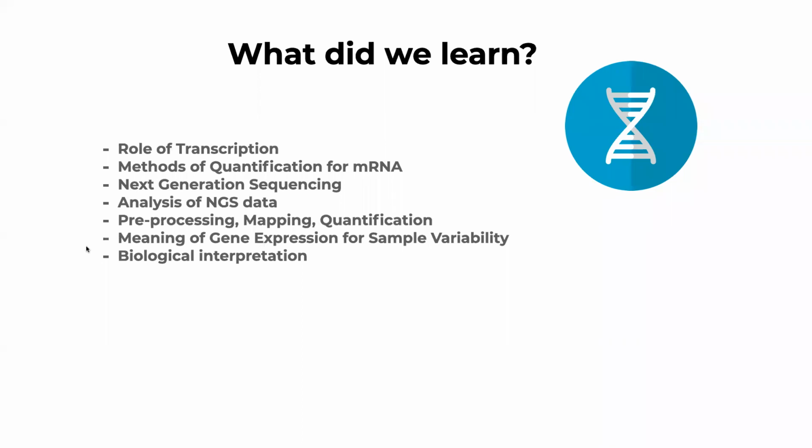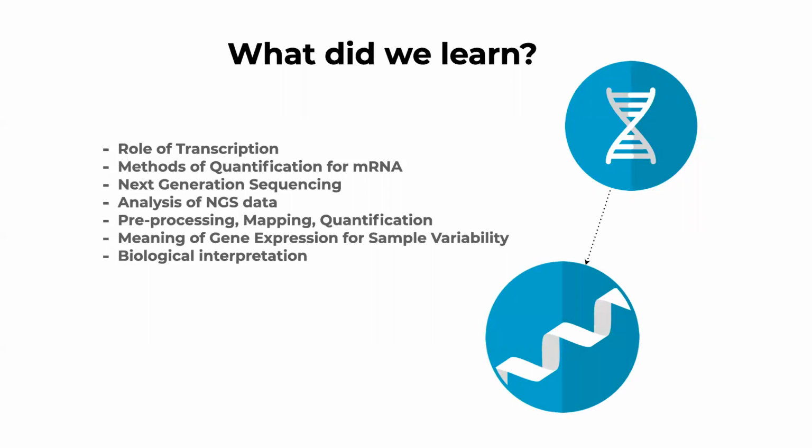We talked about pre-processing, mapping, and quantification, the meaning of gene expression for sample variability, and the biological interpretation. And this is important because from DNA, we went to RNA. And that RNA is what we study in RNA-seq or transcriptomics.